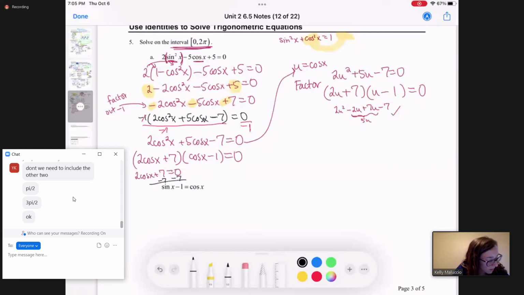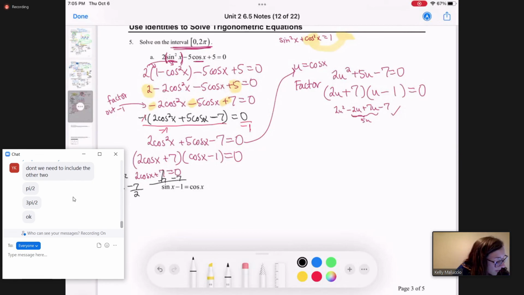I'm running out of space here, so I'm also going to say divide by 2. So cosine x equals negative 7/2.